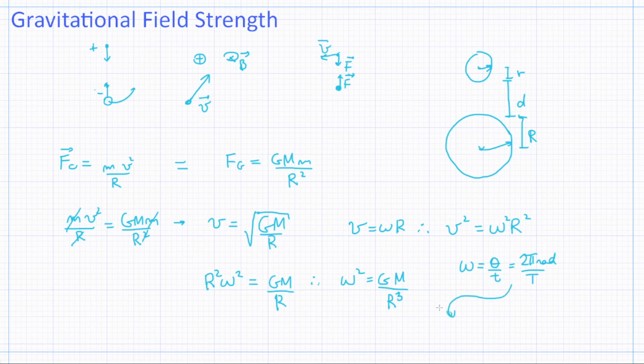If I combine those two pieces of information, I would arrive at T squared is equal to 4 pi squared r to the power 3 over G capital M, where T is the orbital period, right? That's the time for one orbit of the satellite. And this is known as Kepler's third law, right? This proportionality between the square of the orbital period of a satellite and the cube of the orbital radius. That's known as Kepler's third law.